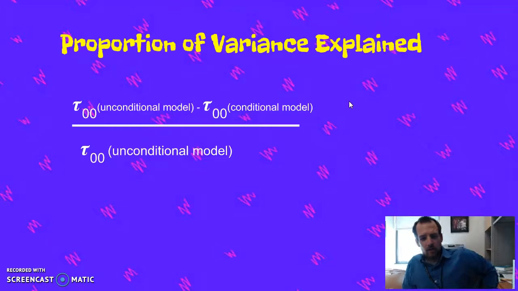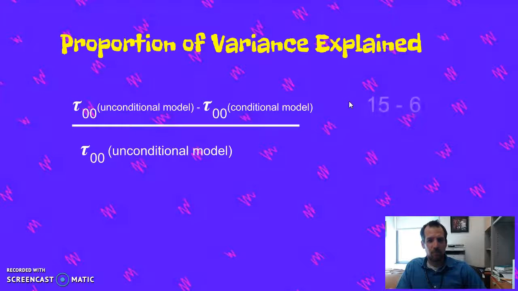The other way to look at the fit of the model is to look at the proportion of variance explained. And so the way that can be done is this formula here, where we take the tau 0,0 of the unconditional model and then subtract the conditional model tau 0,0 and put it over the unconditional model tau 0,0.